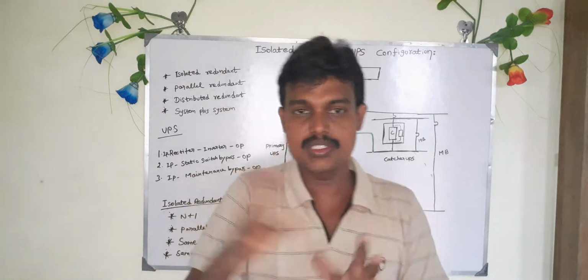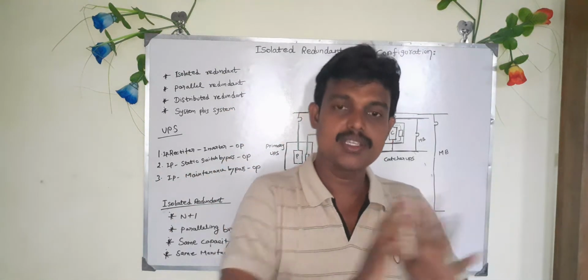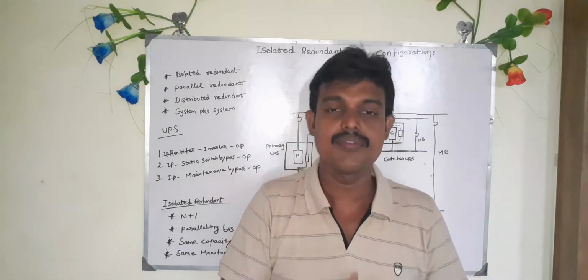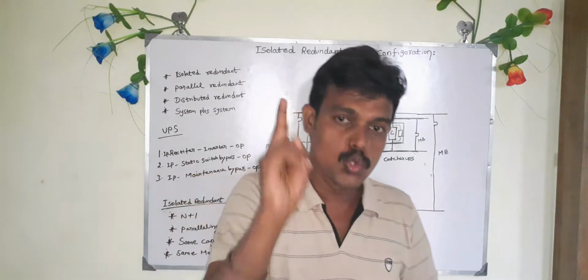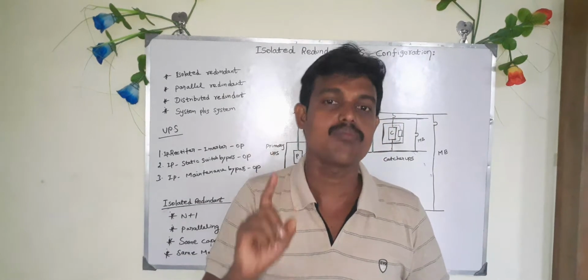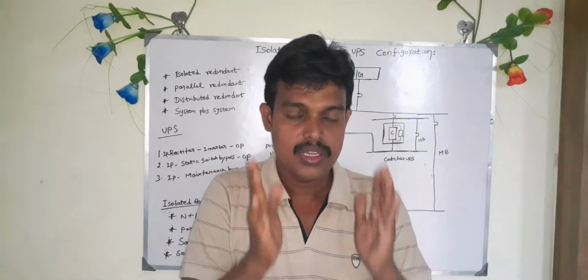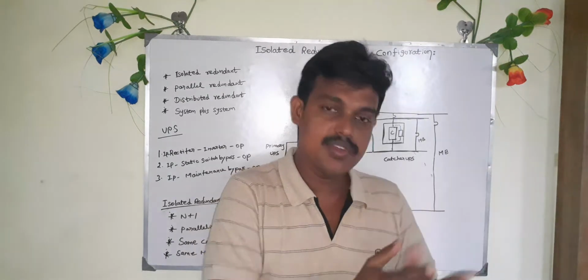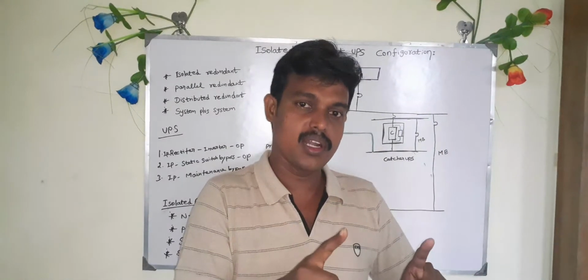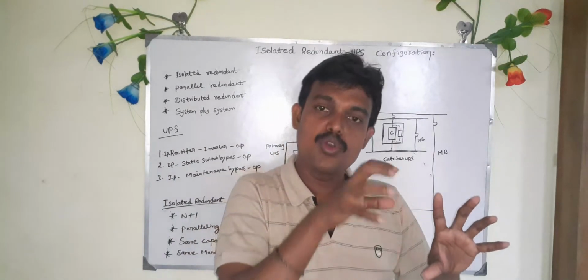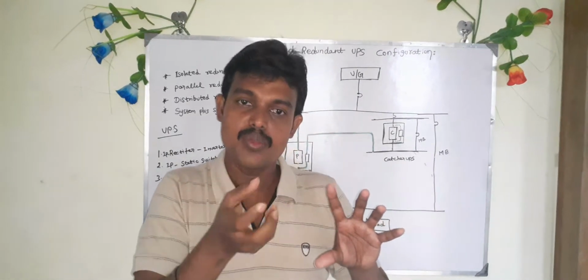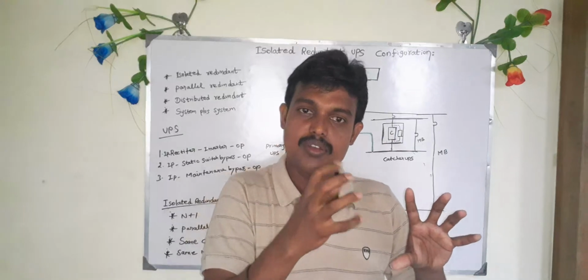So this is how modular UPS and conventional UPS differ. Why am I telling this? Assume you have two conventional UPS in your office. In a conventional UPS there is only one rectifier unit and one inverter unit, so there are more chances of getting a problem.